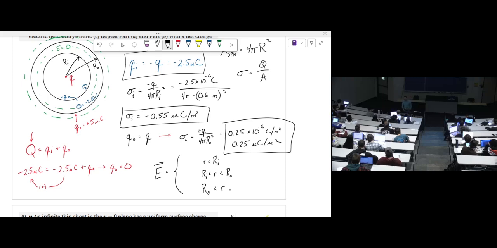So how do we do that? Well, according to Gauss's law, let's take the first one. We already know that the electric field is 0 in between the walls of the conductor. So we only have 2 regions left to go. Ben?